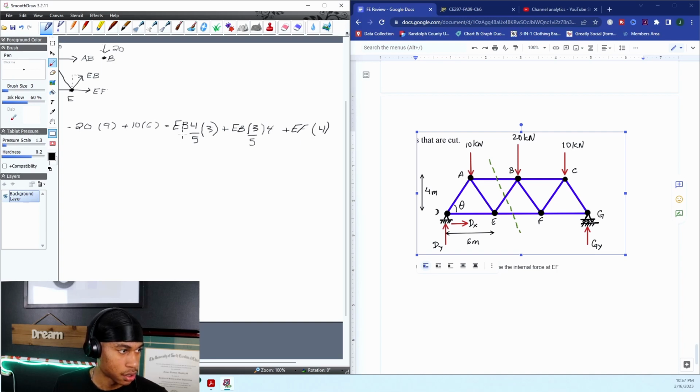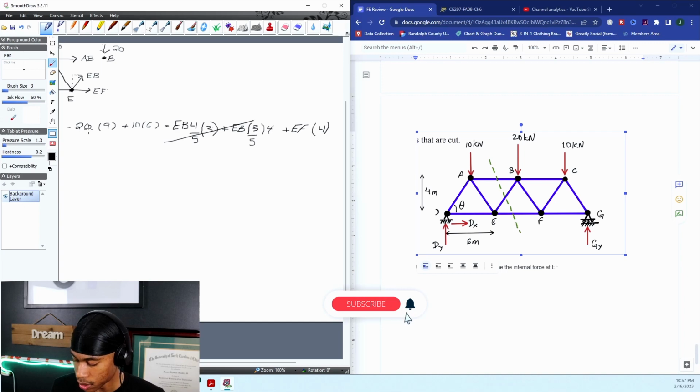Okay, so these ultimately cancel, and you're left with negative 20 times 9 and plus 60. Right. And then you're going to divide that by 4.